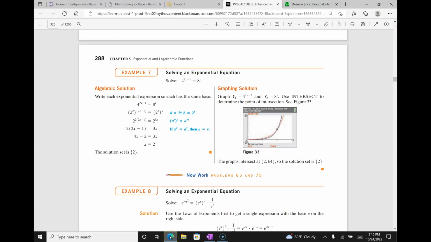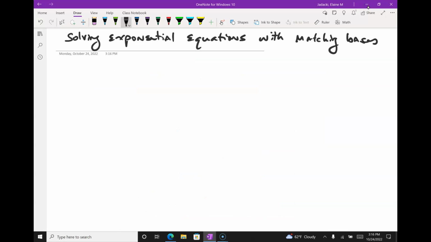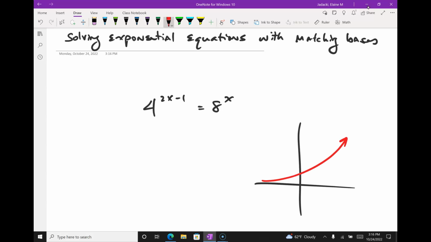So the first example we have here is 4 to the 2x minus 1 equals 8 to the x. By the way, these exponential functions are what kind of functions?